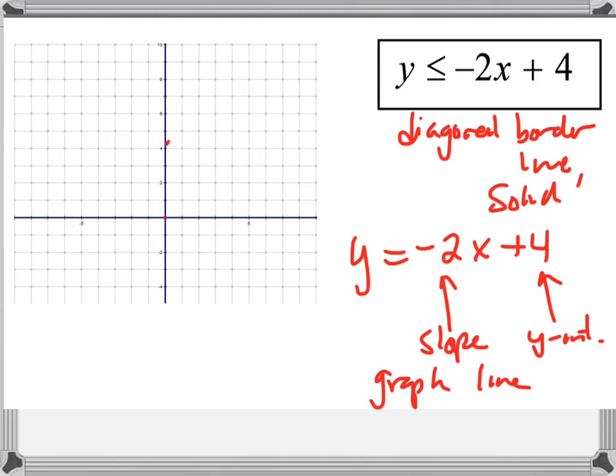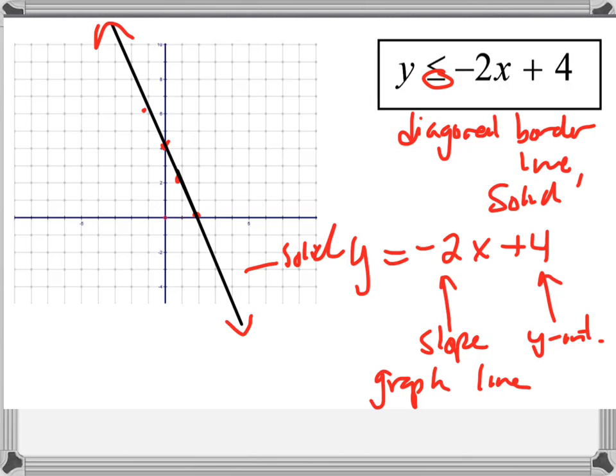So here is the y-intercept, and the slope is down 2 over right 1, down 2 right 1, or up 2 left 1. Okay, so here's the line right here. Okay, that's the border line, and it's solid because it can be equal to.